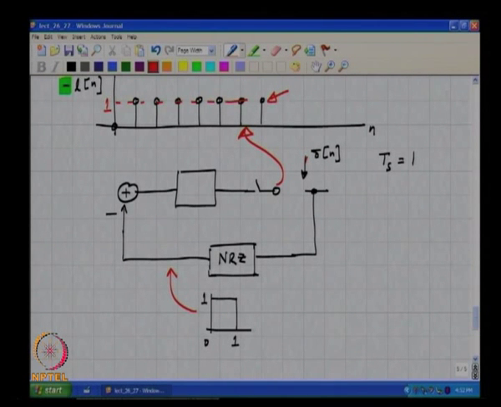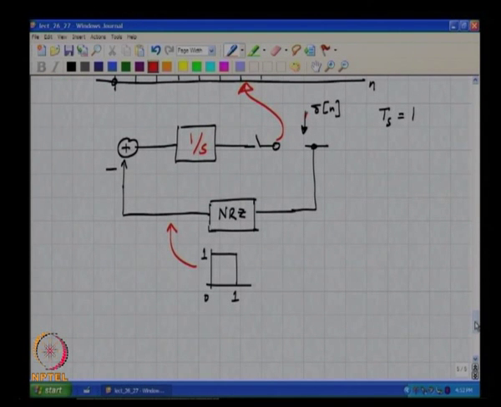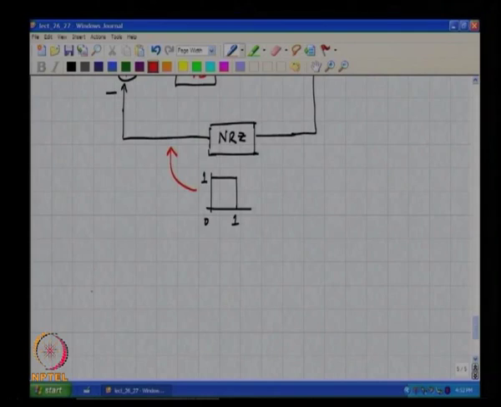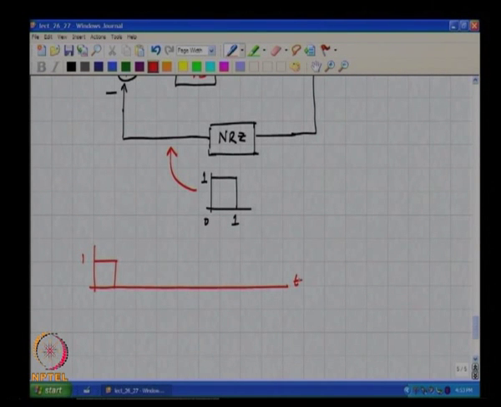Okay. So, a continuous time integrator, for example, will give you, if the input to the continuous time integrator was like this, the output would be, how will the output look like when this is integrated?